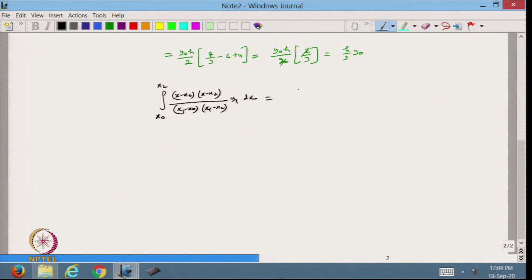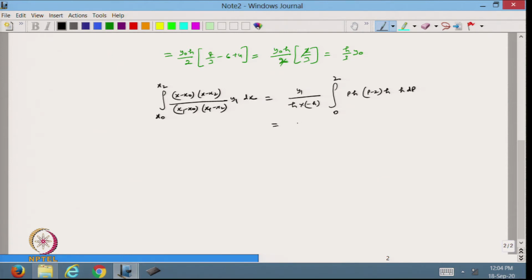I can take y1 common. x1 minus x0 is h, x1 minus x2 is minus h, from 0 to 2, x minus x0 is ph, x minus x2 is (p minus 2)h, dx is h dp.